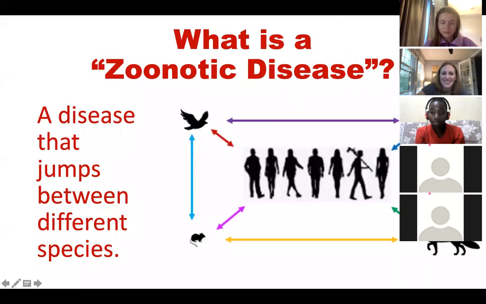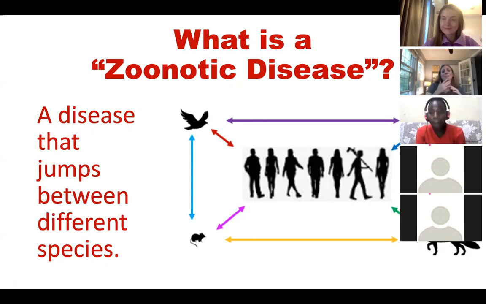Good job, thank you. Okay, now when it comes to a zoonotic disease, who here has been to the zoo? Just raise your hand if you've been to a zoo before. Well, in a zoo, yeah, I see some hands raised. In a zoo, you're going to have one species or many species?